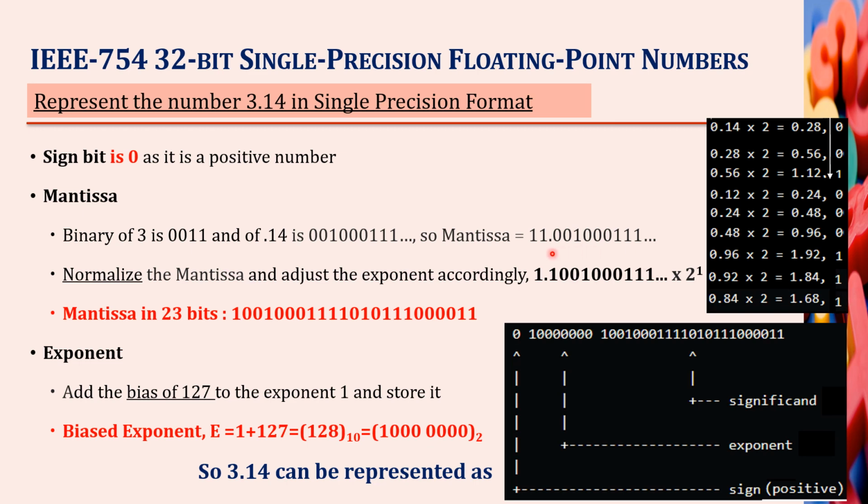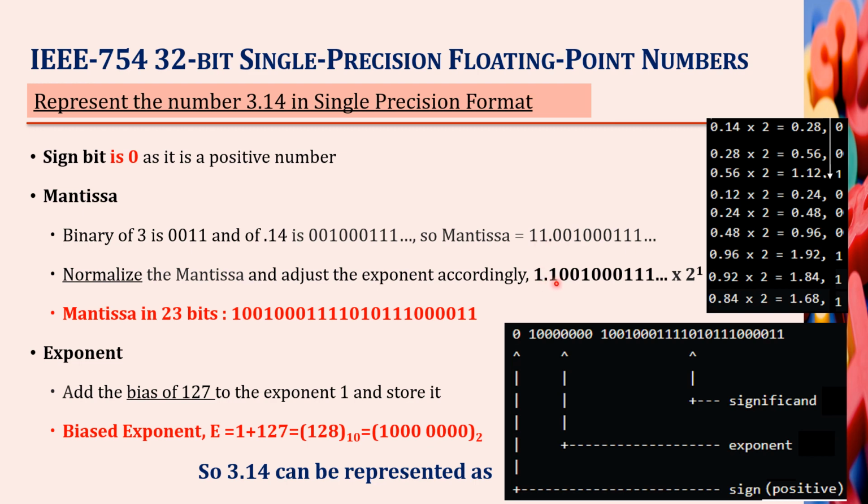So now the mantissa becomes 0011.001000, etc. When we look at this mantissa, we can see that it is not in the normalized form. In a normalized floating point number, the binary point should be placed immediately after the first non-zero digit. So we need to move the binary point one place to the left to make it a normalized number.